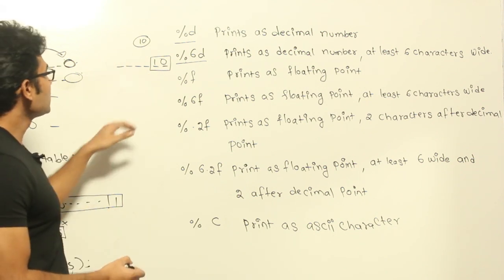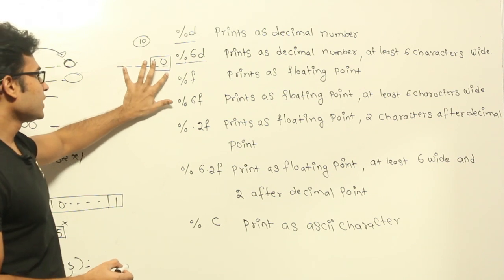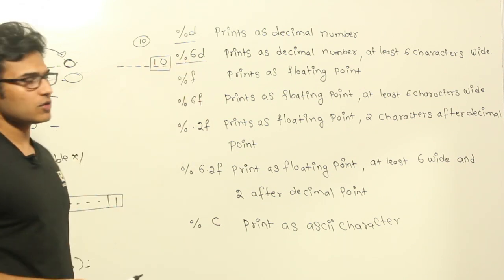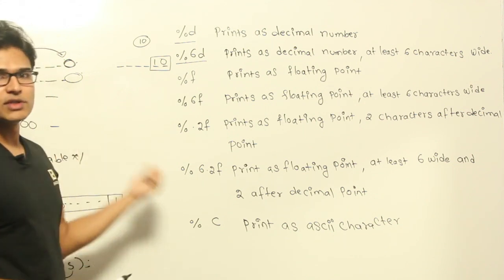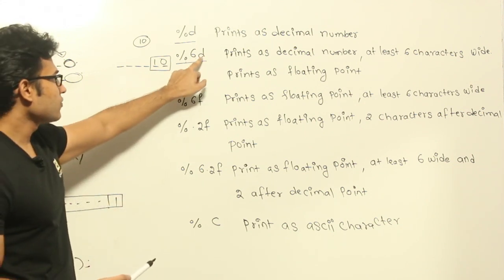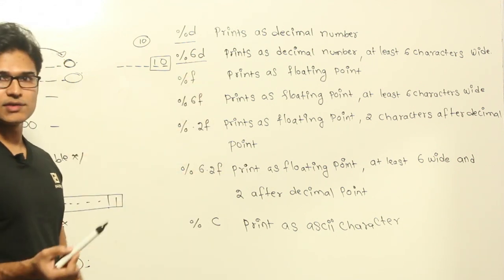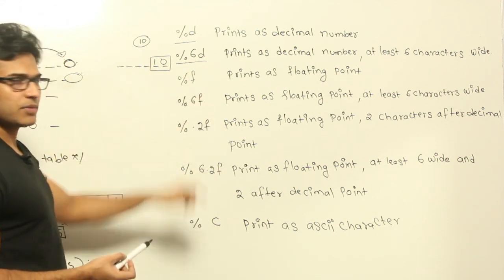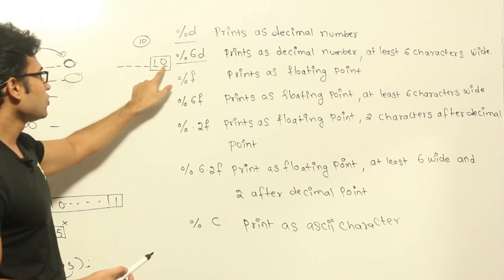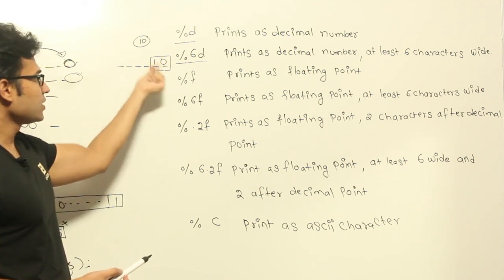It is better, instead of looking at it as theory, to just do it as an experiment. What you can do is execute the code which I have given you, and in the code, in place of %d, you just substitute %6d, and you can see for yourself what is really happening. You are going to see 4 blank spaces followed by 2 digits, if the number is this one.